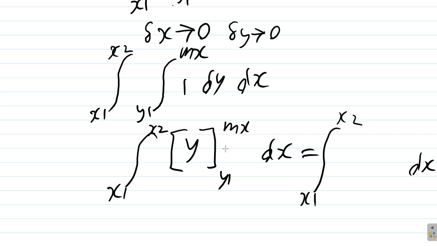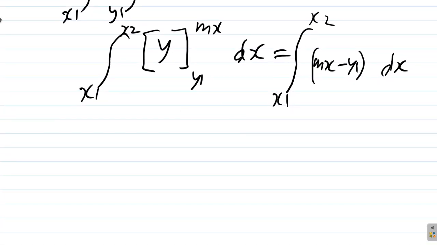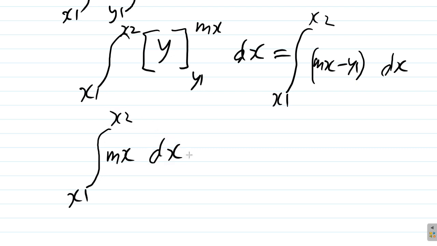But what happened between is that y becomes mx minus y1. Now we know that y1 is 0. So what we're doing is integrating mx from x1 to x2 dx.